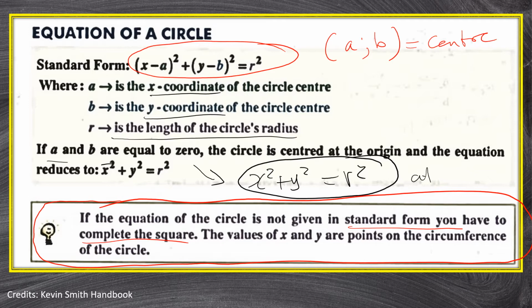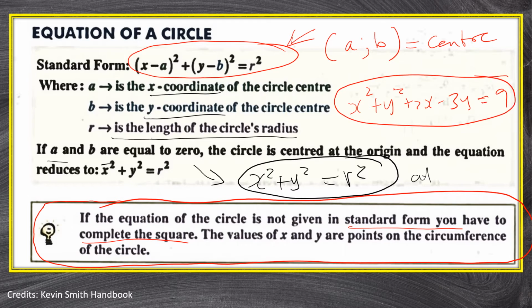So if it's not given in this standard form, maybe they give you something like x squared plus y squared plus 2x minus 3y is equal to 9, something like this. It's still the equation of a circle, but it is not in this standard form.